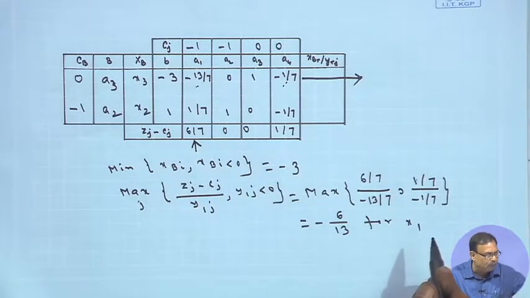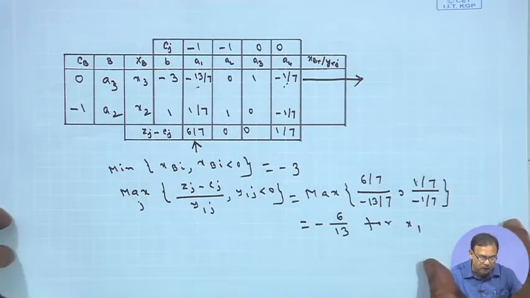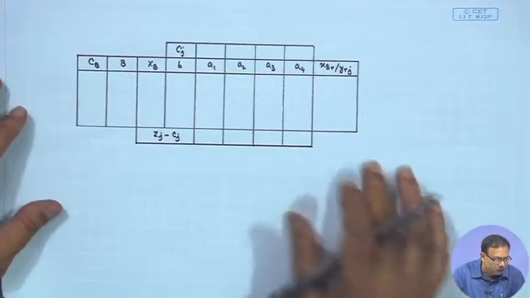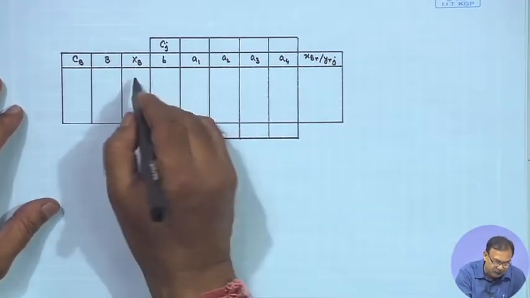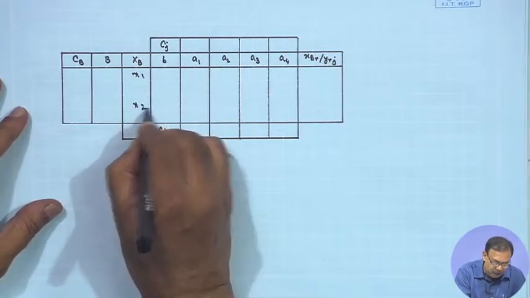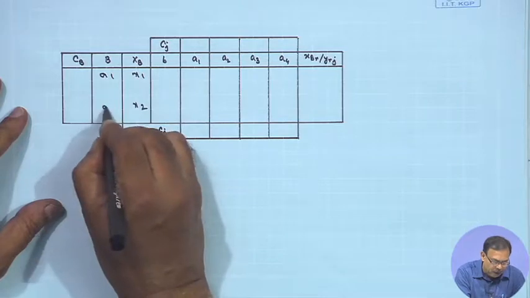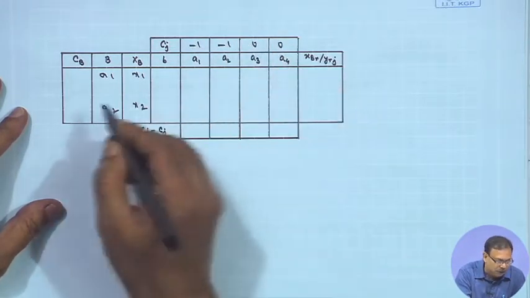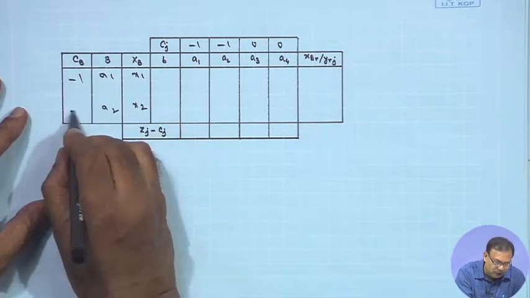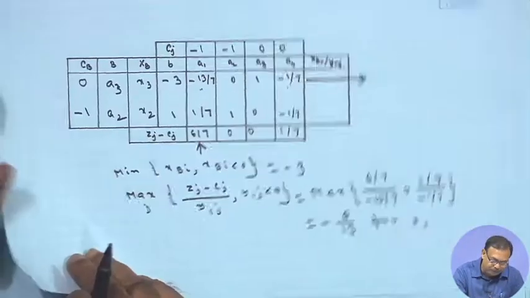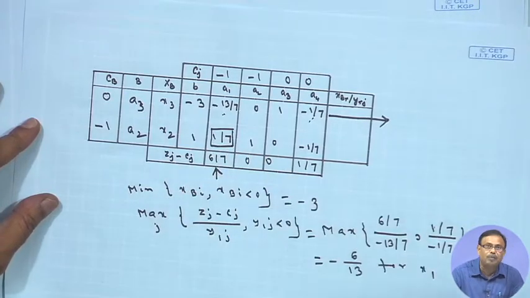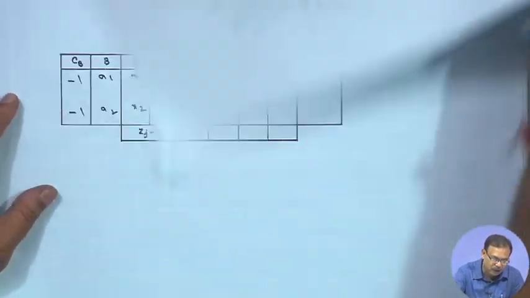Once you obtain this, let us go to the next table, where x3 will be replaced by x1. So, you will have x1 and x2 here, a1 and a2 here, minus 1 0 0, and these two values are minus 1 and minus 1. Here again your pivot element is this one, 1/7, so I will make this one as 1.